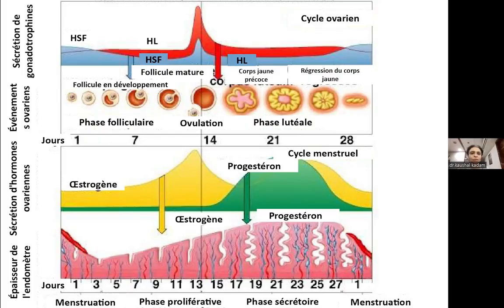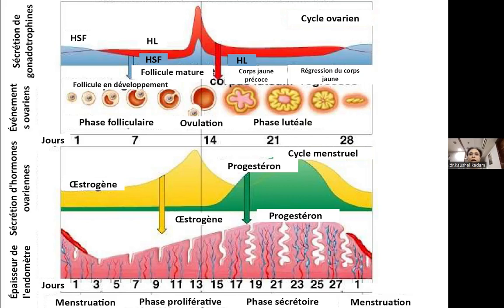Okay, so I'm going to take you back to this previous slide, which is very, very important. We had tackled this part when we were doing the stimulation, where we were talking mainly about FSH, LH, and the LH surge, followed by ovulation and egg retrieval.